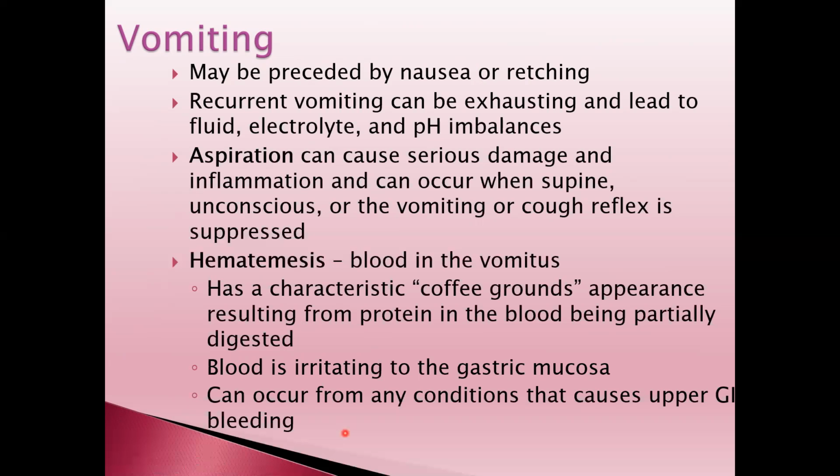When it's overt blood, like red blood, a lot of times it's esophageal bleeding, but if it's coffee ground in appearance or dark, then we know it came from the stomach or lower. Blood inherently is incredibly irritating to the gastric mucosa, so if somebody is bleeding gastrointestinally, most people vomit. Hematemesis can occur from any condition that causes GI bleeding.